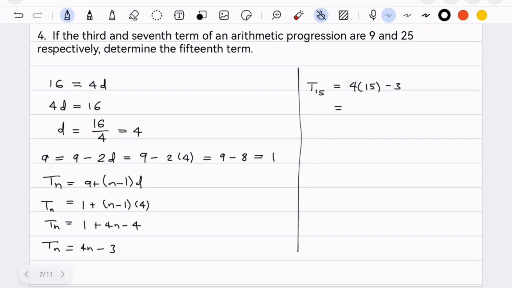So this is basically n equals 15. 4 times 15, that will give you 60, minus 3. That's 57. So the 15th term is 57.